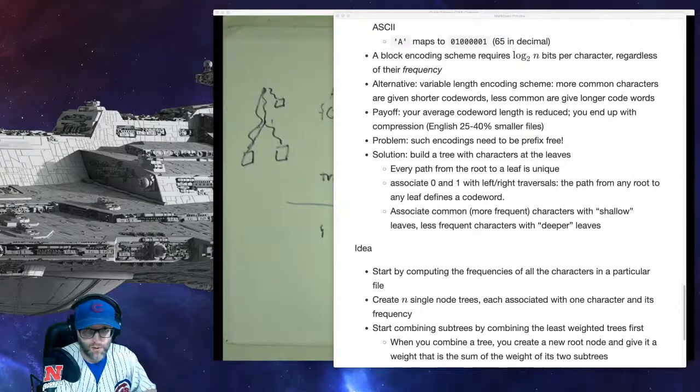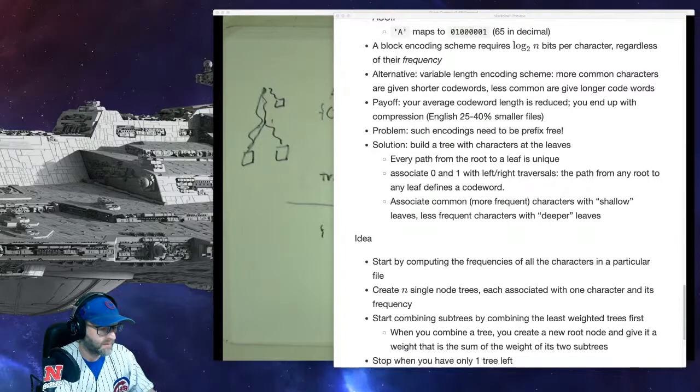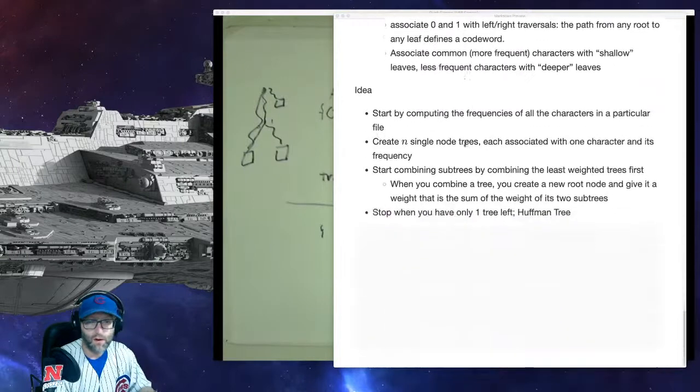And the weight of a single node tree that contains a character, the leaves, is going to be the frequency of that letter, right? You stop when you have only one tree left, right? And that's your Huffman tree. That is what's going to define your code words.